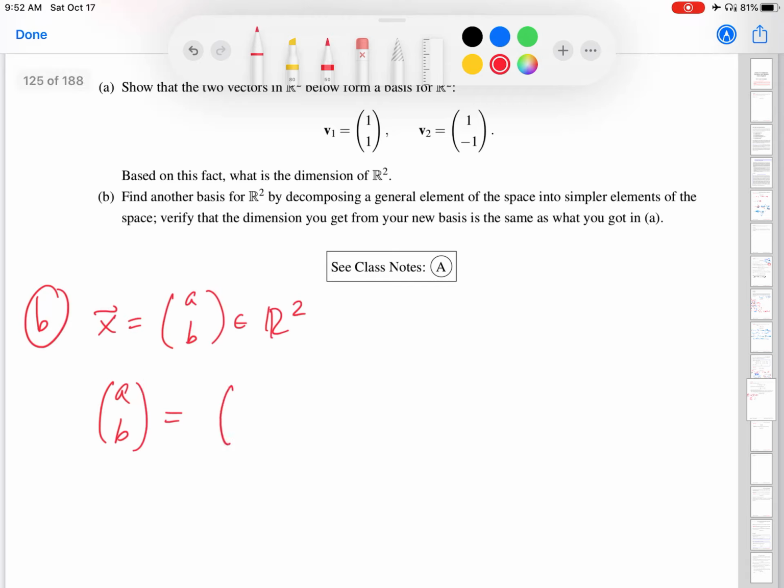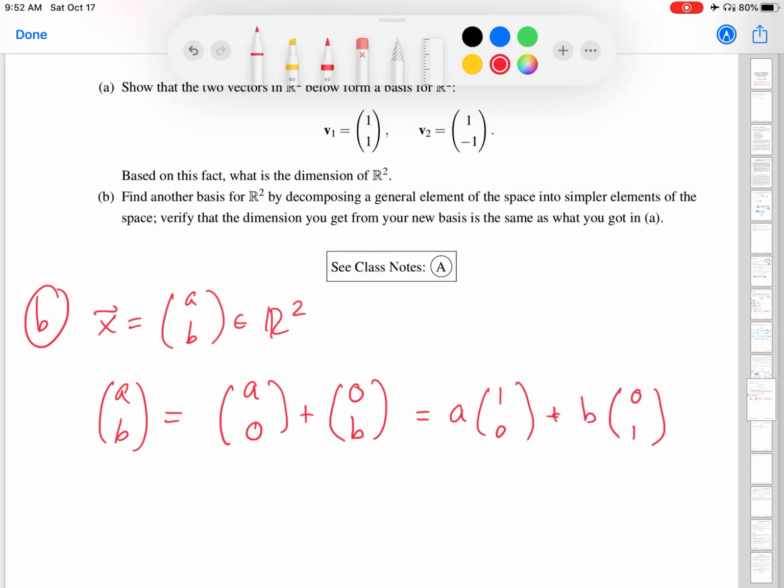So you might decompose it by saying, go A units in the x direction, don't move in the y direction, and then go B units in the y direction, don't move in the x direction. That's a nice decomposition. And then you might think, A units in the x direction is actually A times 1 unit in the x direction, and B units in the y direction is B times 1 unit in the y direction.